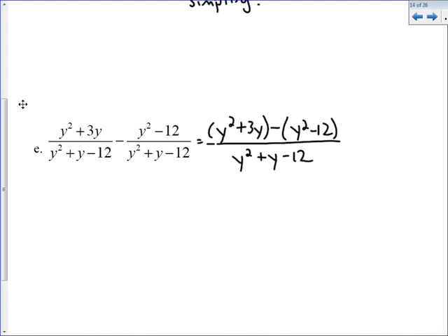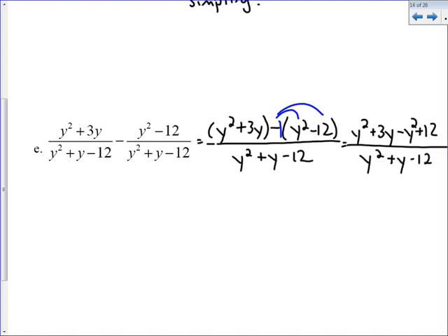So we've got one fraction now. Next step is to combine the numerator. So one fraction, then combine the numerator. This one's subtraction, so we've got that extra step of distributing our negative. So I have y squared plus 3y minus y squared plus 12, still all over my common denominator.